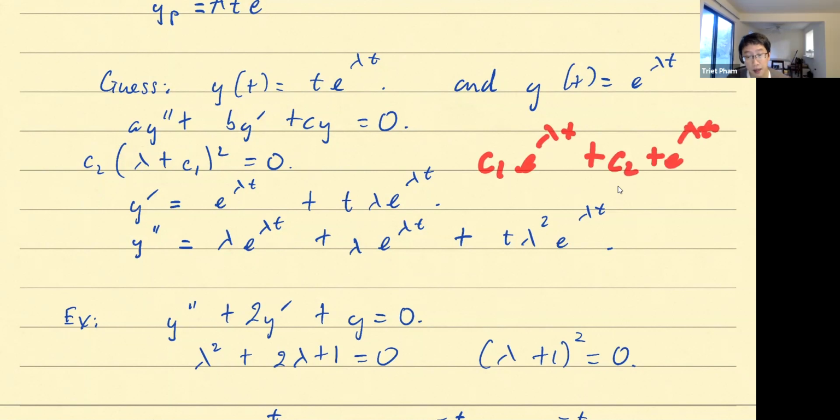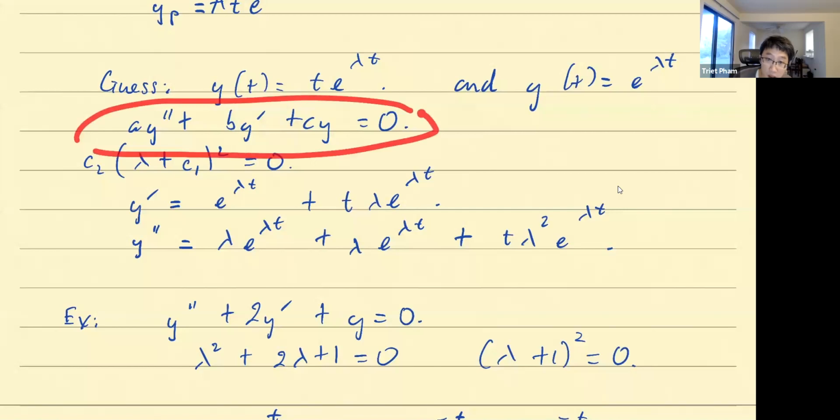And if you want to rigorously justify that, you have to appeal to the vector space structure. You have to appeal to the fact that the solution space to this equation is a vector space of 2 dimensions. Therefore, when you find two basis vectors, you cover everything.